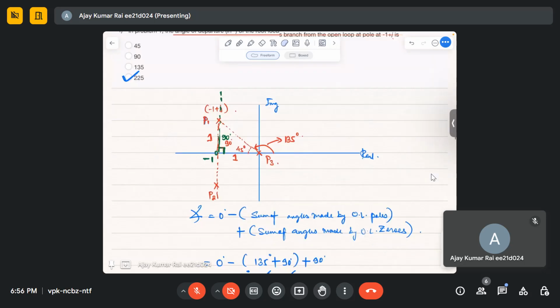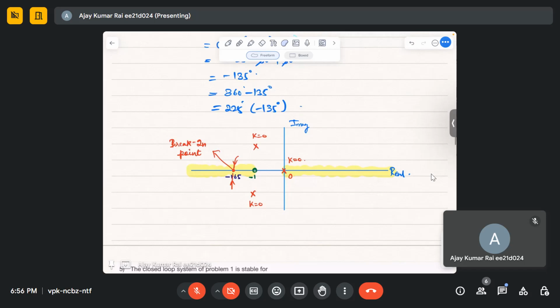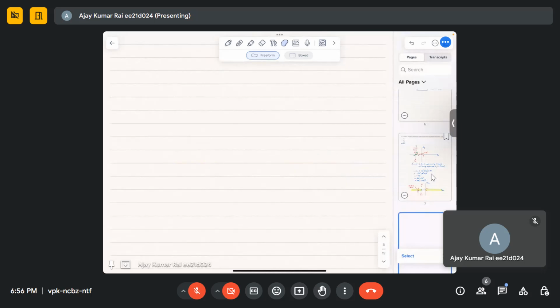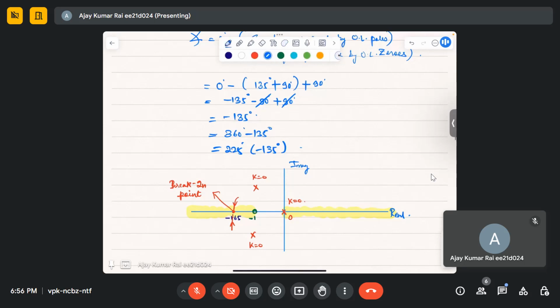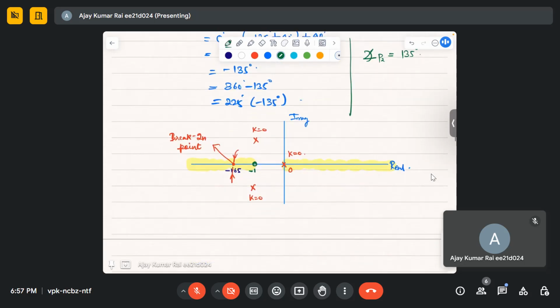So how do we calculate the angle of departure for P2? It will be the negative of that, simple. This is the angle of departure for P2, the negative of P1's, so it will be 135 degree.